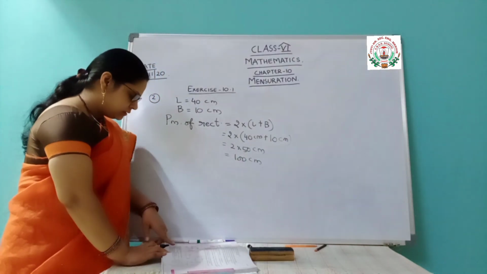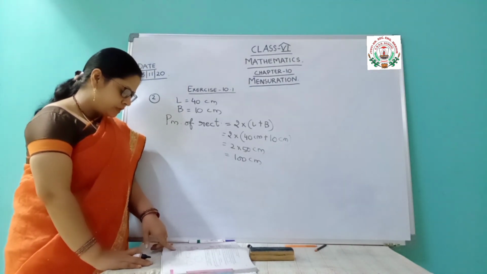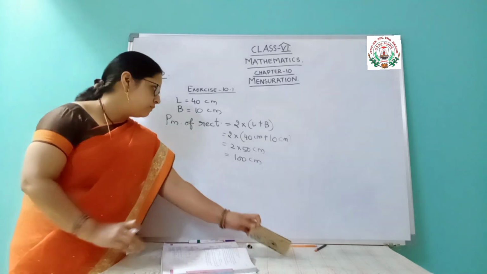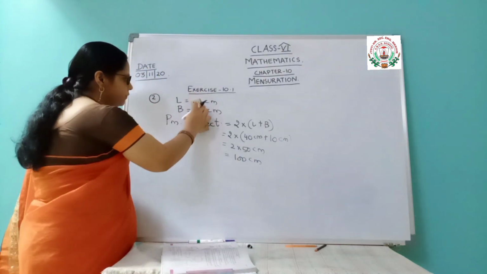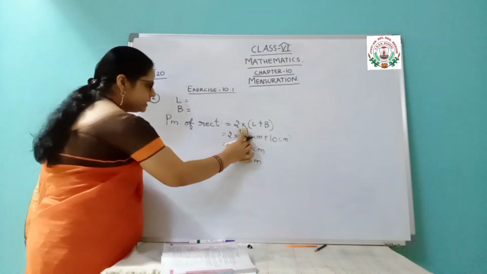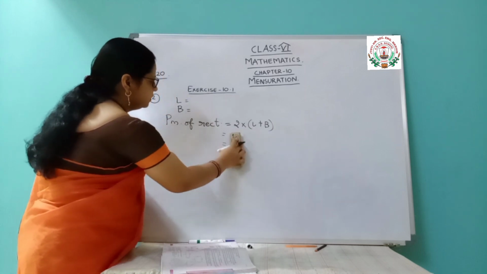Then next is: tabletop measures 2 meter 25 centimeter by 1 meter 50 centimeter. That is also in the same way. Everything will be the same; length and breadth are given differently. Only here one thing is a little bit different. What is that?